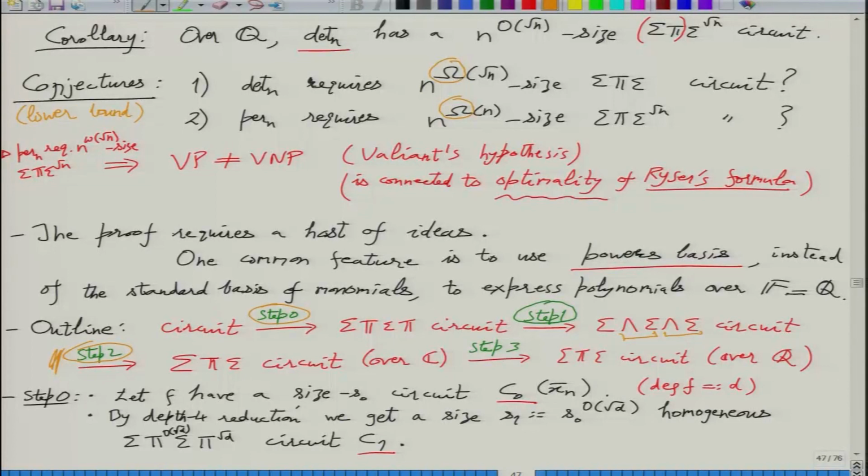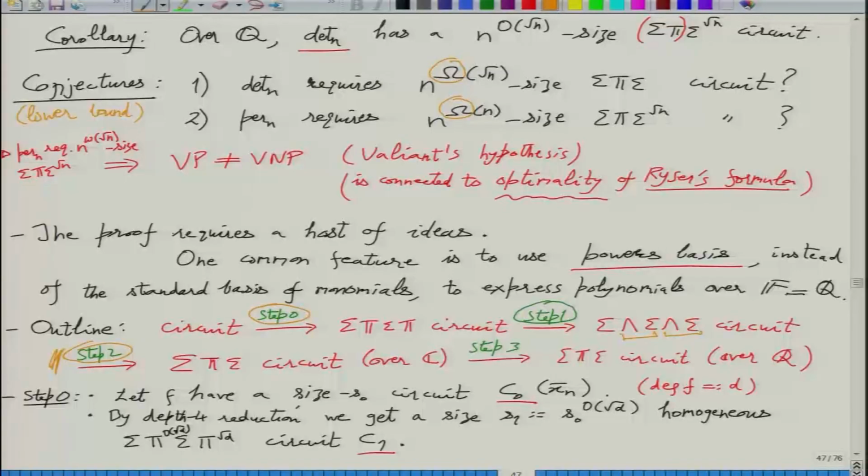It will be write a power as a sum of product of univariates, and since these are univariate polynomials, you can factor them over complex. So you can actually write power in this special form. Now it may not be clear why this is enough, but this will be enough.